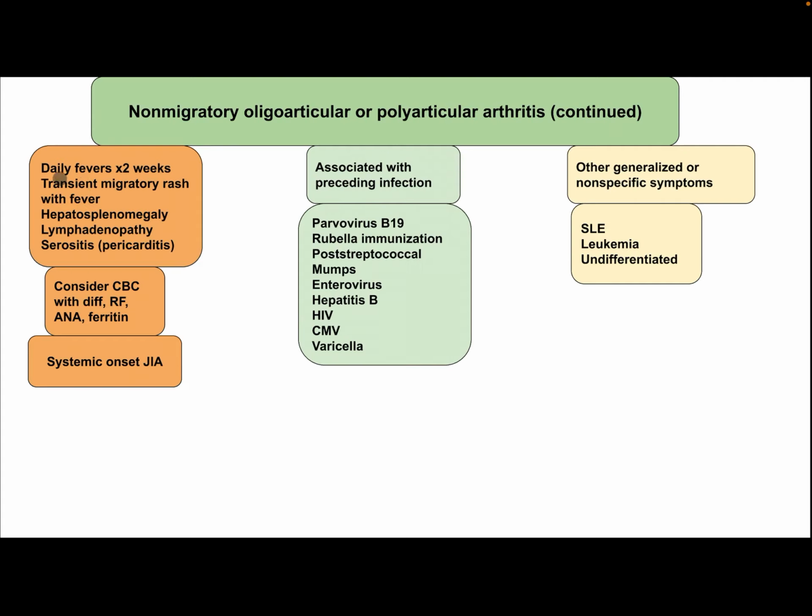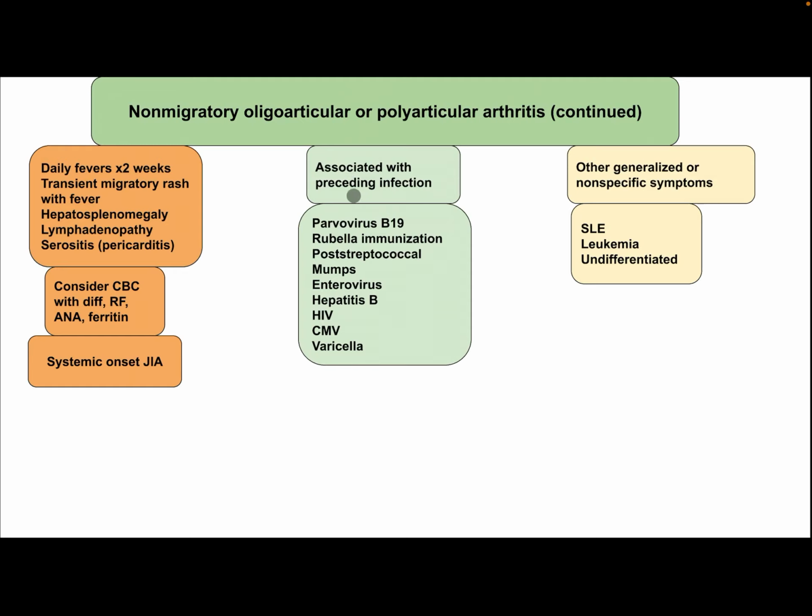Continue. If patient has a history of daily fever more than 2 weeks, transient migratory rash with fever, hepatosplenomegaly, lymphadenopathy, serositis, or pericarditis, patient needs complete blood count with differential, rheumatoid factor, ANA, and ferritin. Differential diagnosis: systemic onset juvenile idiopathic arthritis.